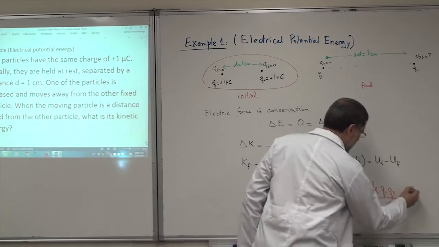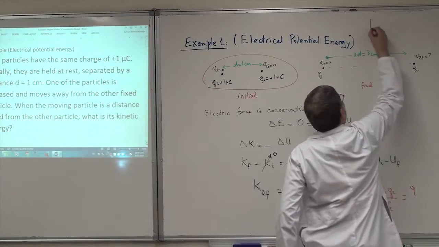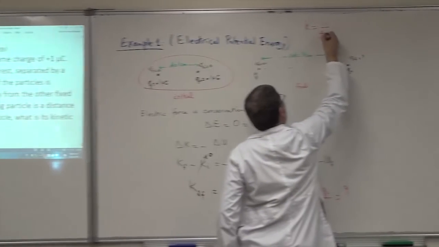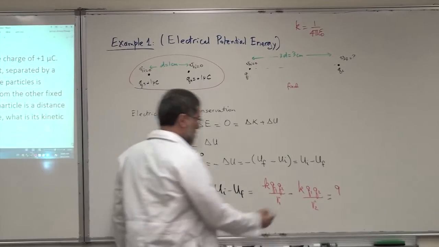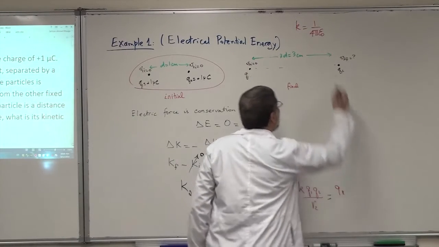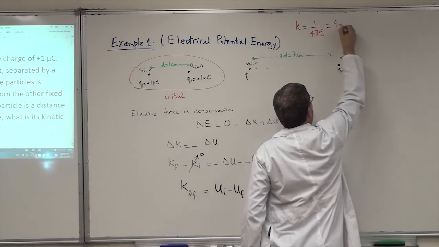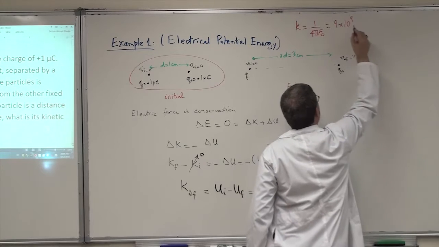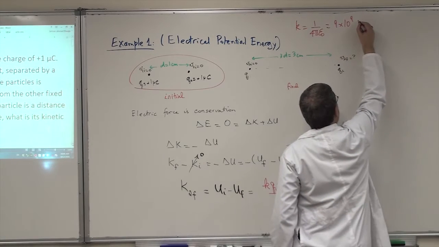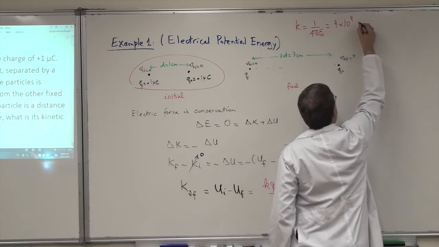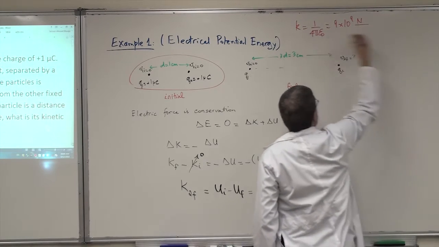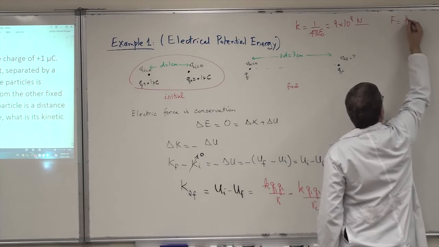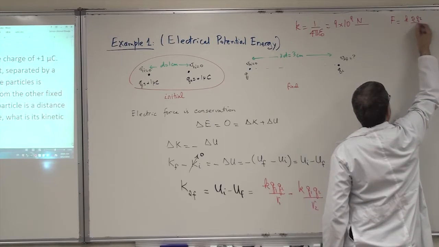So k, remember that k is 1 over 4 pi epsilon 0. This is the Coulomb constant, so 9 times 10 to the power 9. The force is k Q1 Q2 over r squared.